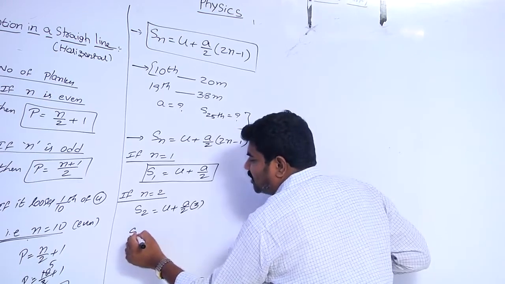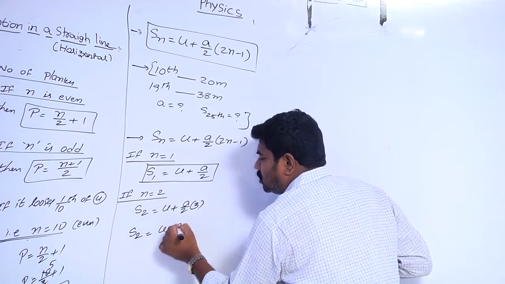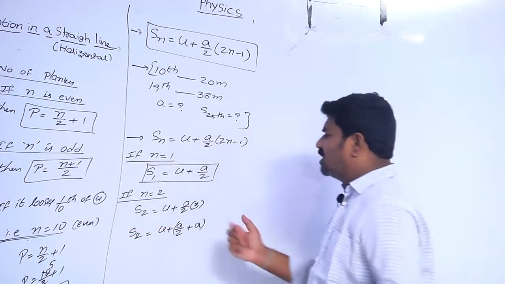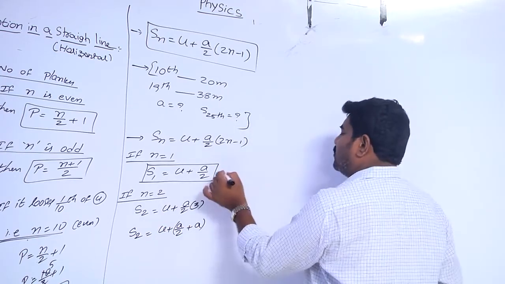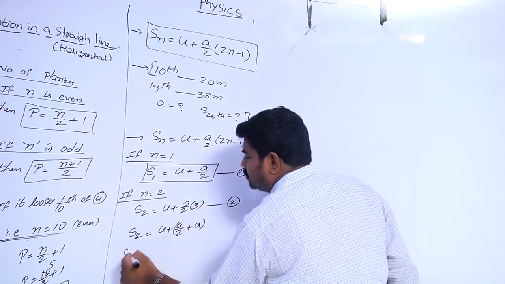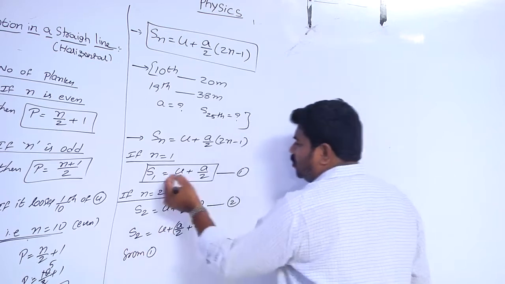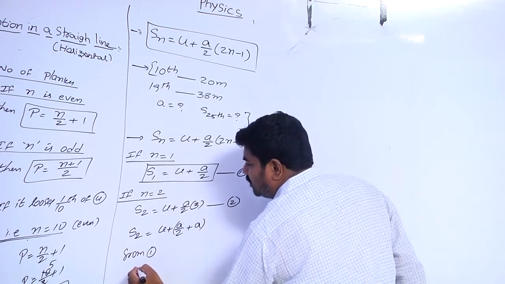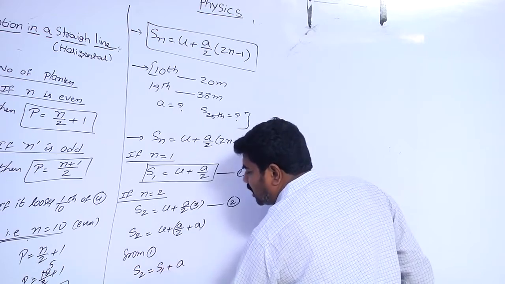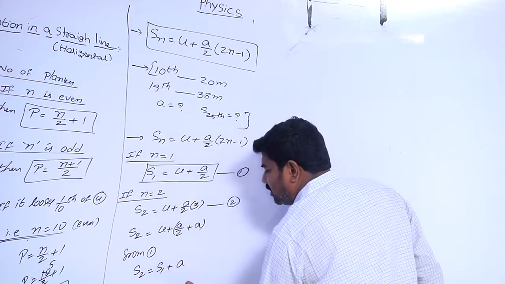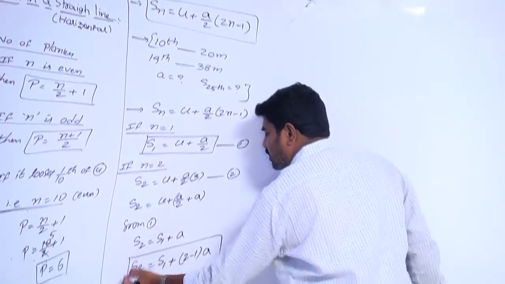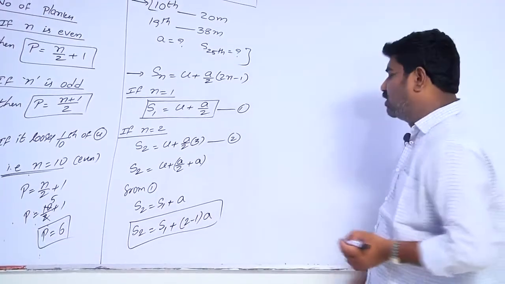It is also written as S2 is equal to u plus a/2 plus a, since a/2 plus a is 3a/2. But from 1, u plus a/2 is nothing but S1. So S2 is equal to S1 plus a, or S2 is equal to S1 plus (2 minus 1) into a.